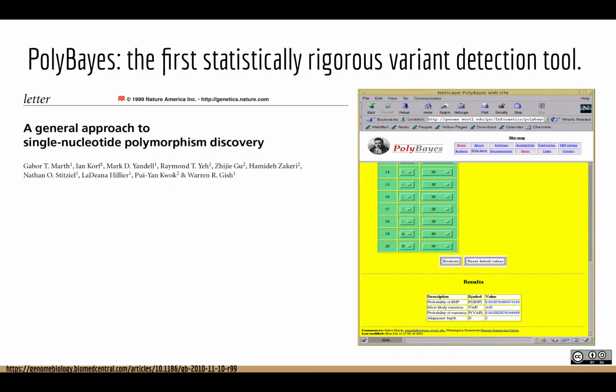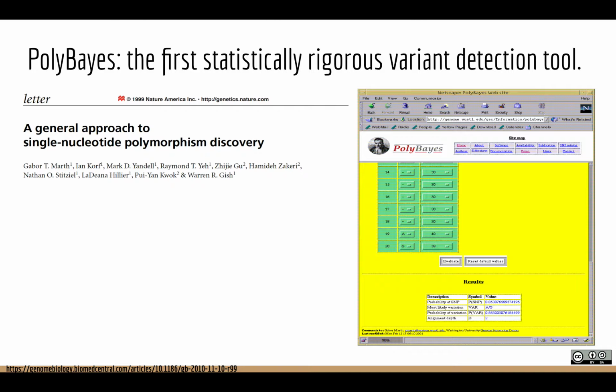And I worked on this problem, sort of an advancement to PolyBayes, in my first year of grad school. The problem in Sanger traces is that if someone is really a heterozygote, you get 2 peaks that identify the 2 different alleles in one read, because you're amplifying both alleles.